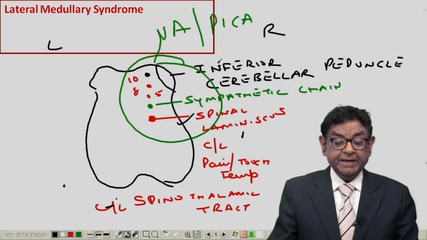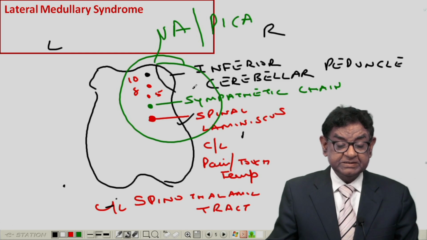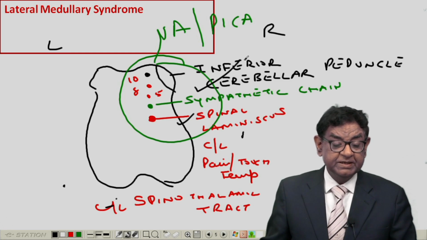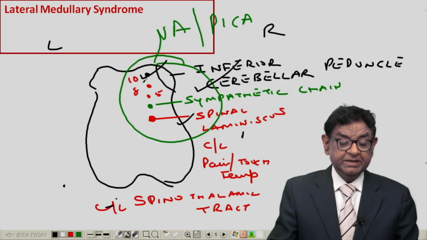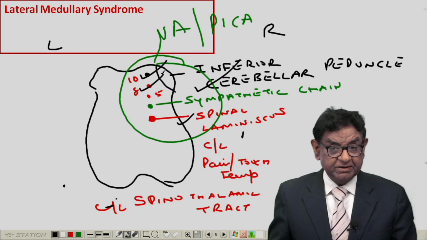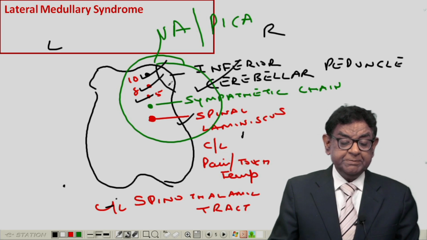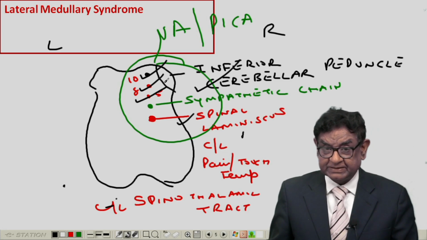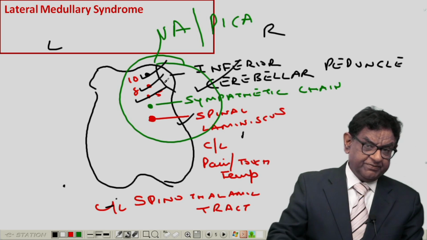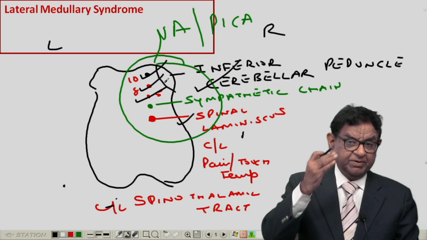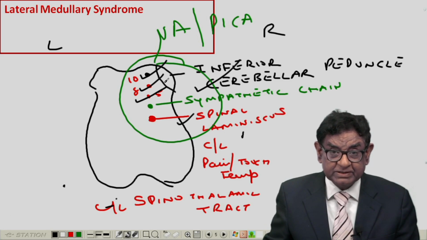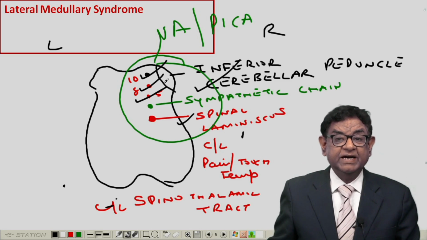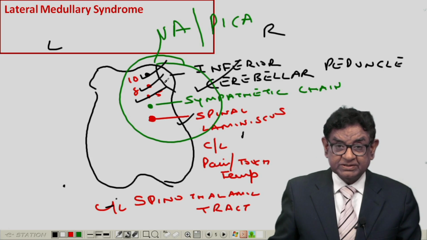So there will be ipsilateral cerebellar features, ipsilateral 10th nerve palsy, ipsilateral 8th nerve palsy, ipsilateral 5th nerve palsy, and due to ipsilateral 5th nerve palsy, there will be loss of pain and all sensation on the ipsilateral side.